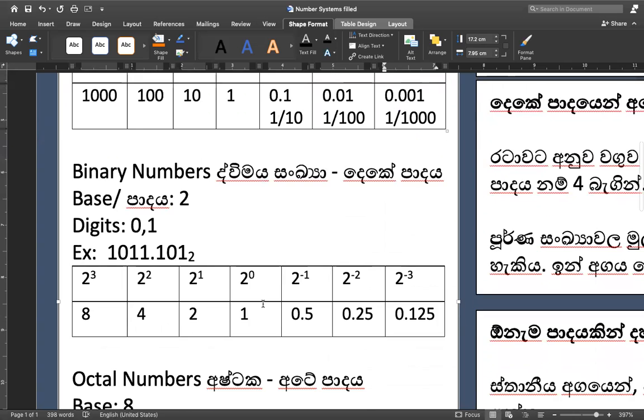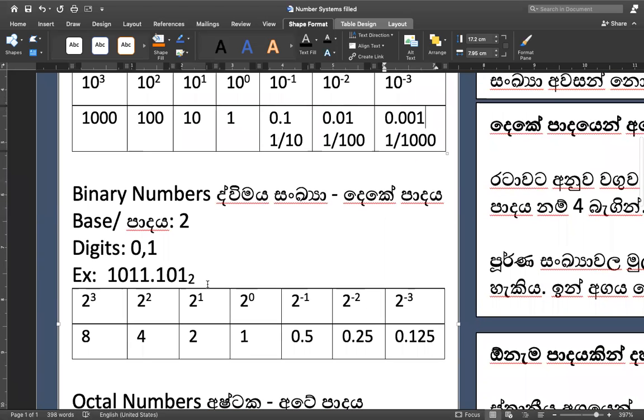Same will be applied to the binary number system. But it is not 10, it is base 2. So here you can see multiply by 2. 1 multiplied by 2 is 2. 2 multiplied by 2 is 4. 4 multiplied by 2 is 8. So it always doubles.